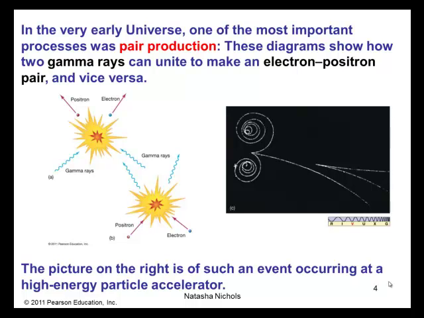At the same time, the gamma ray provides the energy to produce an electron-positron pair, which are the spiral paths, which curve in opposite directions in the detector's magnetic field because of their opposite electric charges. The V-shaped tracks at the very right are the result of a separate particle interaction.